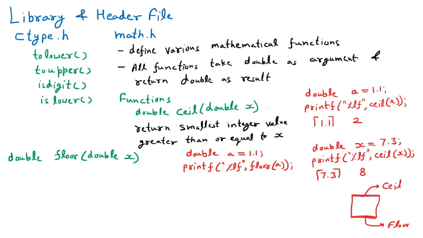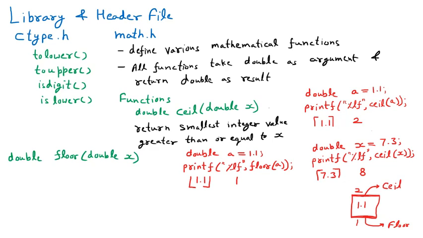So from there, this floor and ceiling are taken. If I take the value 1.1, then the ceiling of 1.1 is 2 and the floor of 1.1 is 1. In mathematics we represent it like this, floor of 1.1, and the answer is 1 or 1.0. So floor means the down value.